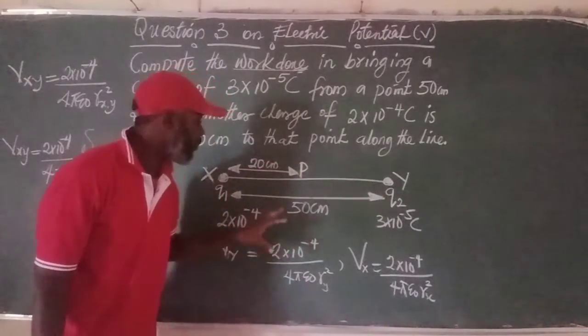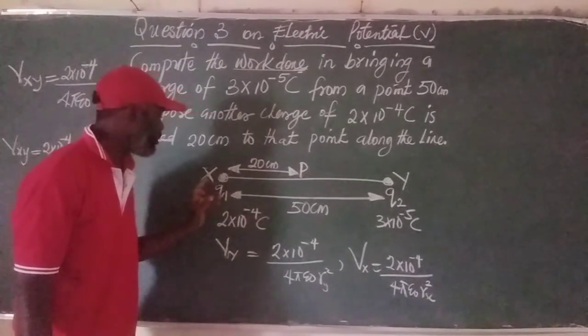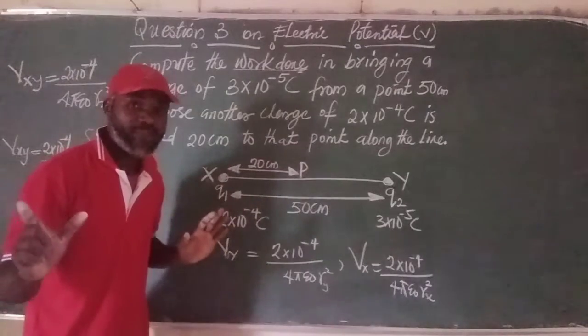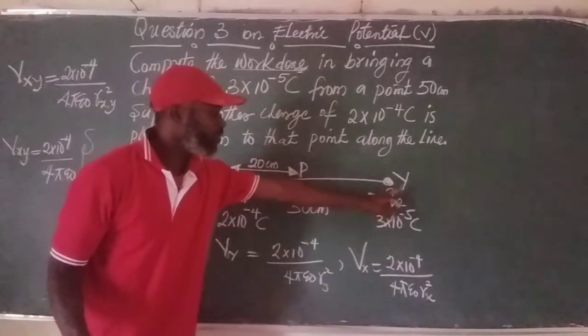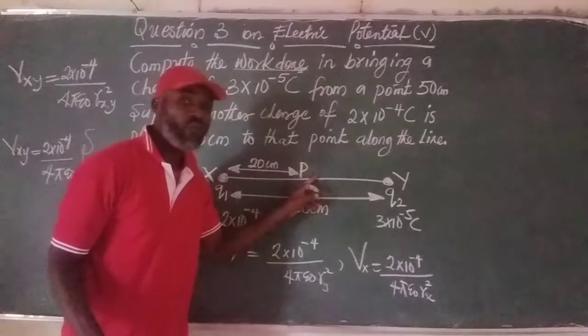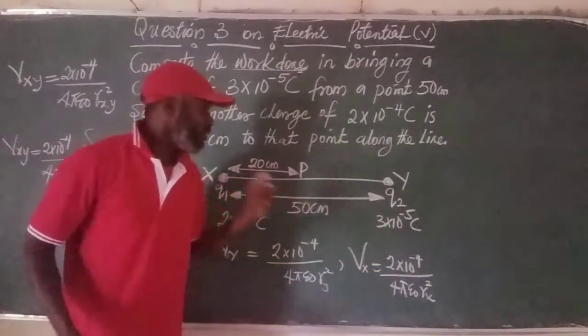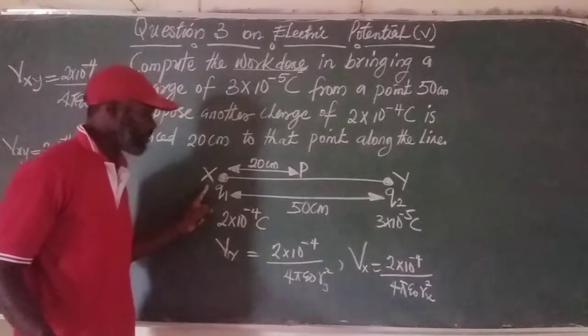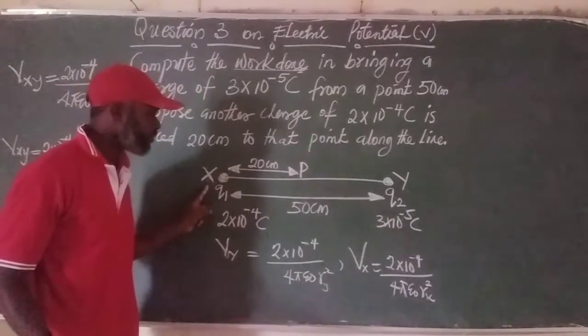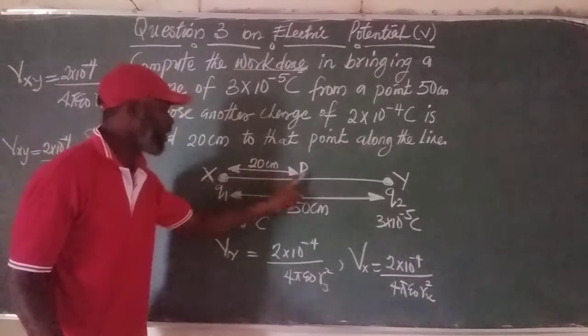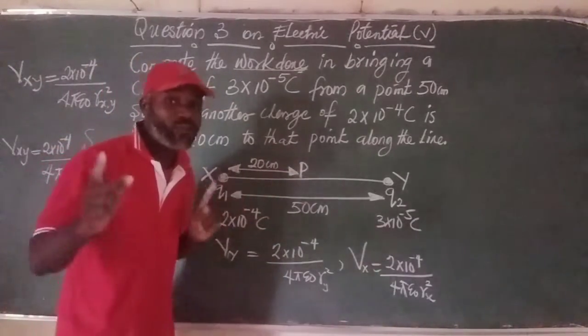While considering the potential at X, between X and P, we use 20 cm. I repeat, for Y we use 50 cm as the distance separating them, and for X, between X and P, we use 20 cm. That's what we're going to do.